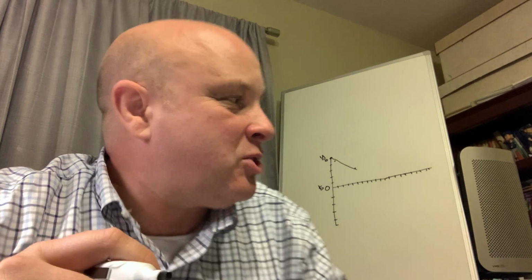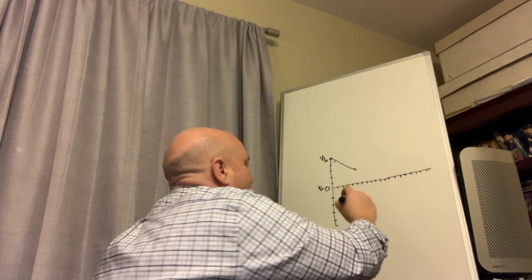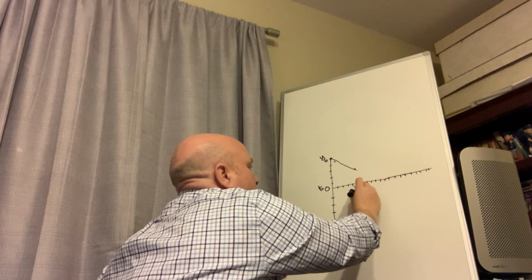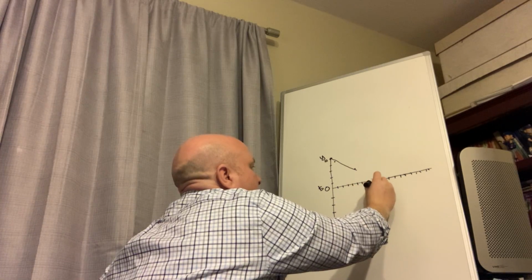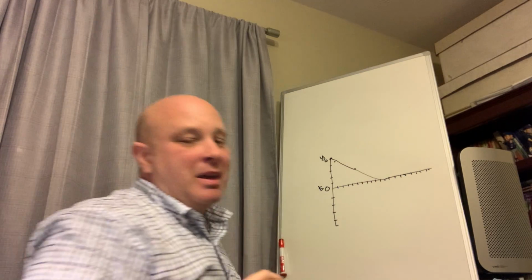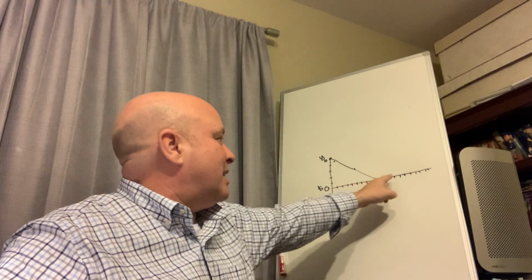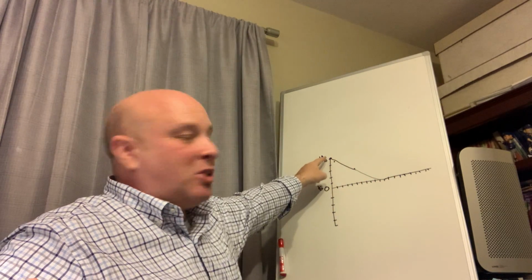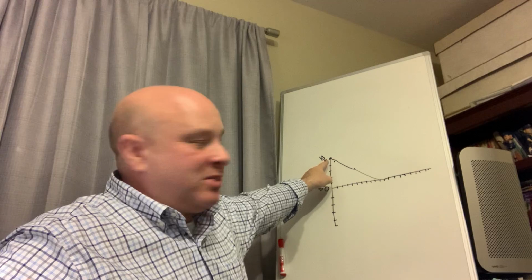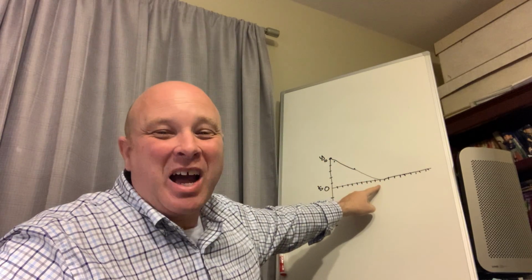So my x-intercept is the day that, 1, 2, 3, 4, 5, 6, 7, 8, 9, 10. My x-intercept is the day that I've run out of money. I have no money. Okay, why? Because this line hits the x-axis, and I started off with $10, and I've lost $1 a day. After 10 days, I've got no money.